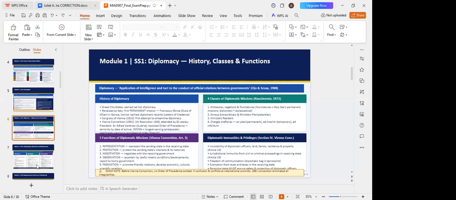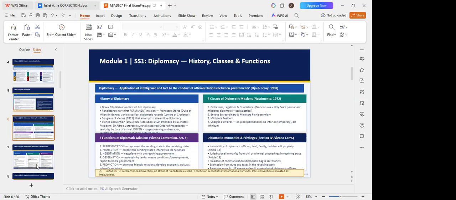Sorry, the diplomatic mission. So when we talk about diplomatic missions, we have four. Number 1 is the permanent mission, like the embassies.